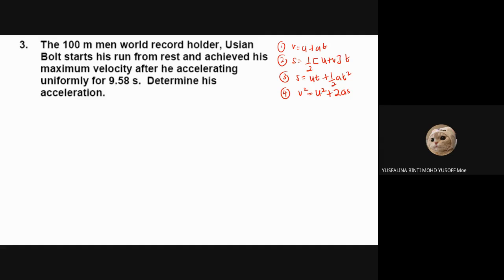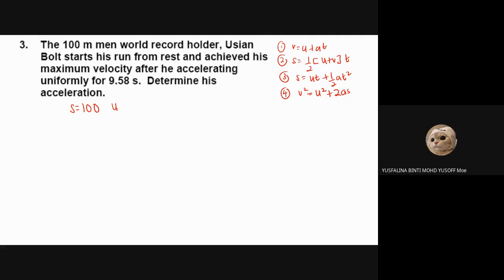Alright, so what's the answer? Anyone want to try? Which equation do you use? Number 1, number 2, number 3, or number 4? Number 3. Okay. So let's try. S is 100 meter, already given. And then he starts his run from rest.